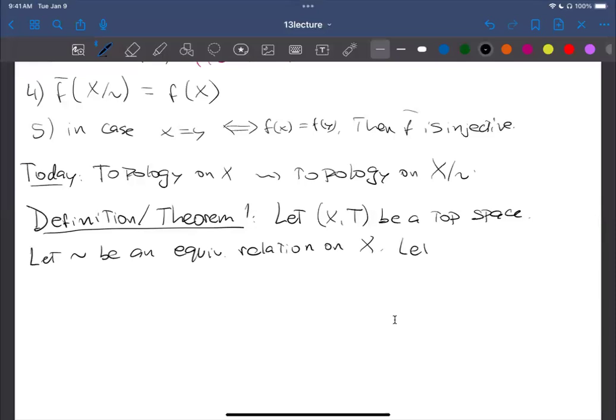So let's grab it here. Let's take the map from X to the quotient, the quotient map. So everything here is set up.